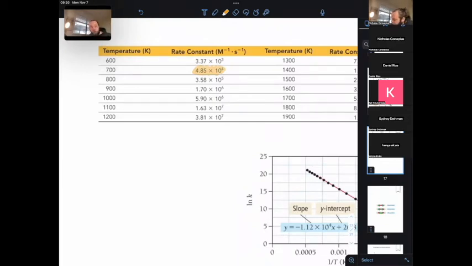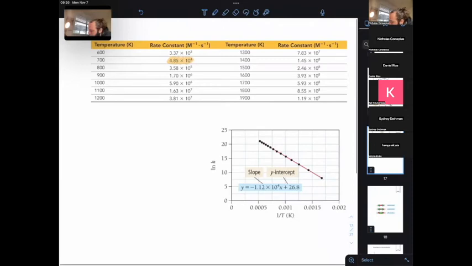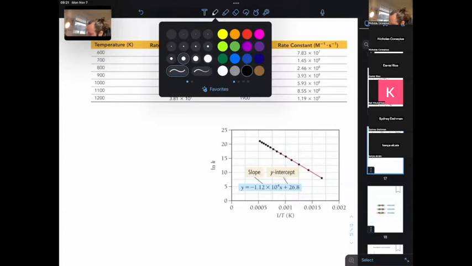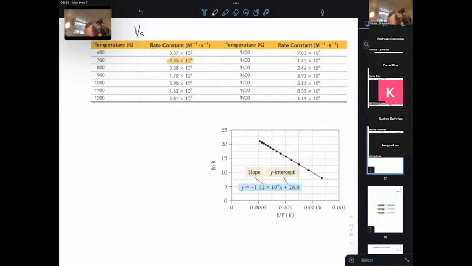In this set of data, we vary the temperature and measure K. What we'll get is our change in temperature along with the change in K, so we're looking at how that rate constant changes as we vary our temperature.